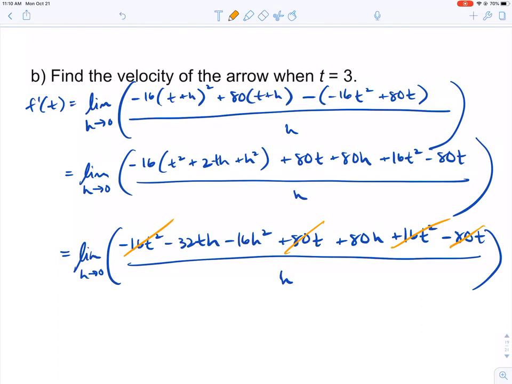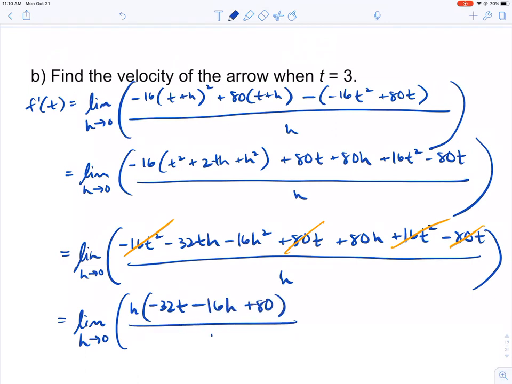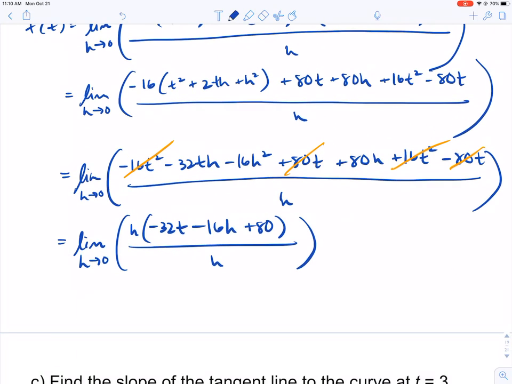Notice we can factor an h out of the numerator. Those h's will cancel. And when we substitute 0 in, we'll get negative 32t plus 80.